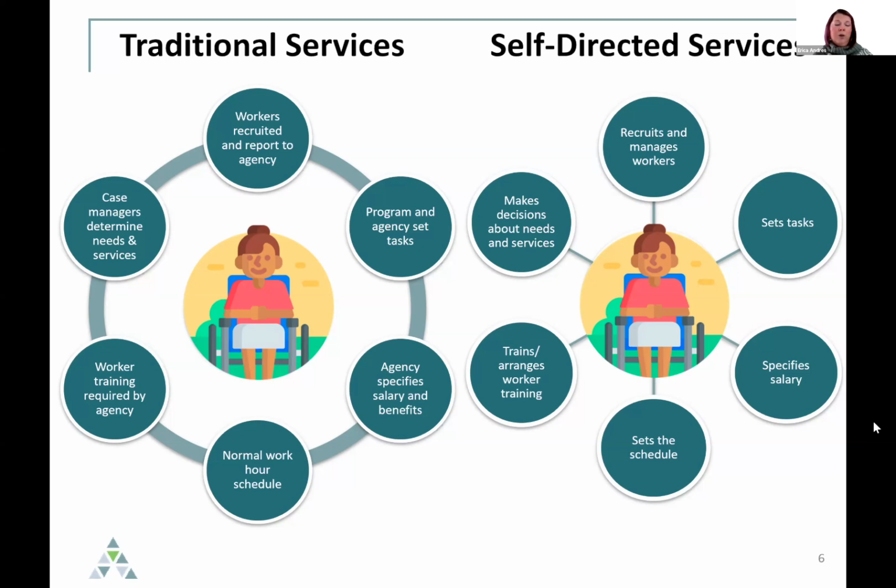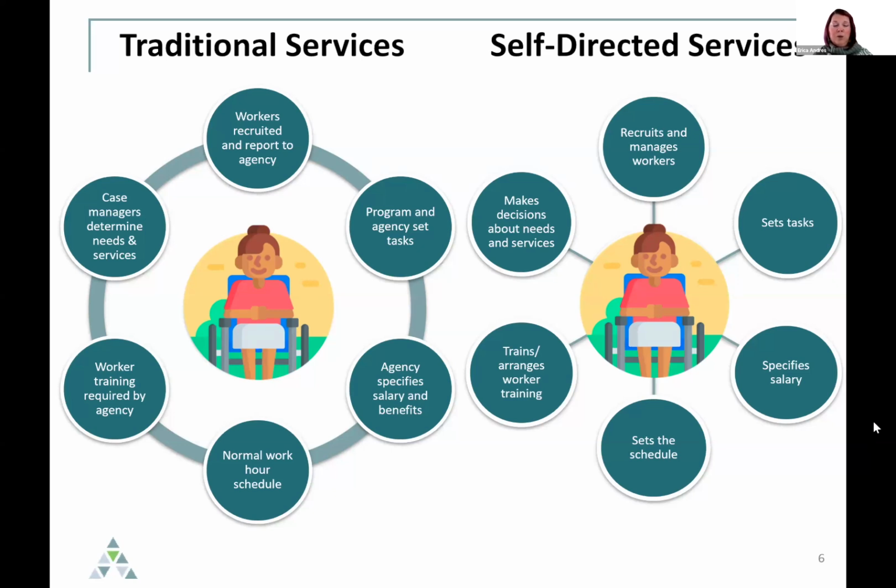So not only in traditional services are the workers recruited and report to the agency, but the program or the agency also sets the tasks, specifies the salary and benefits, specifies the work schedule, decides what training will be required, and then usually the case manager also determines the needs of the actual person.